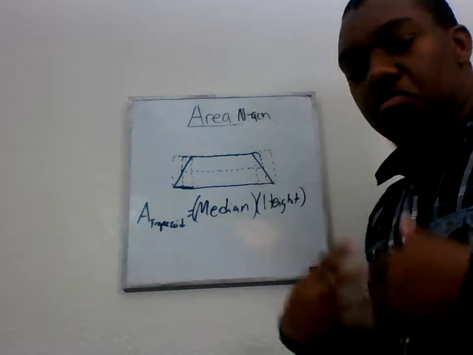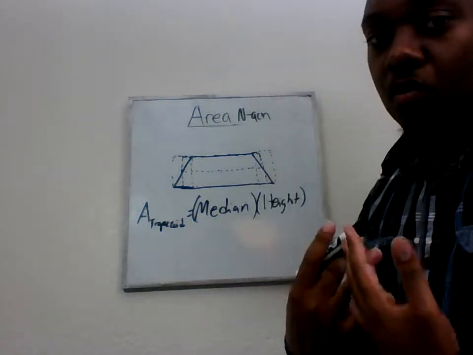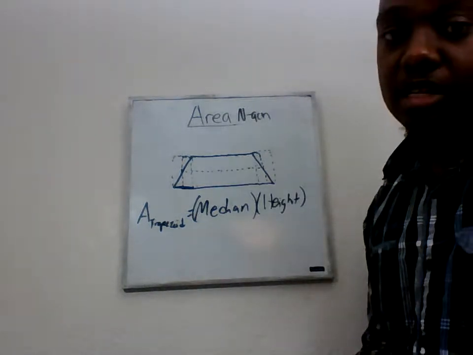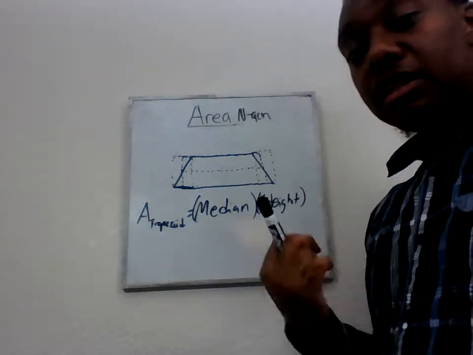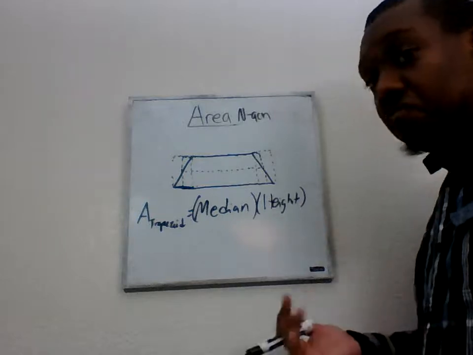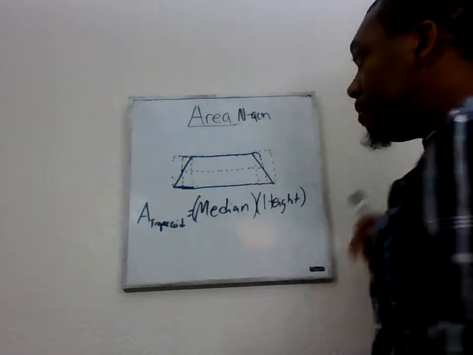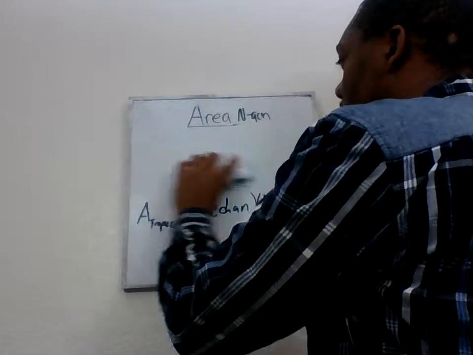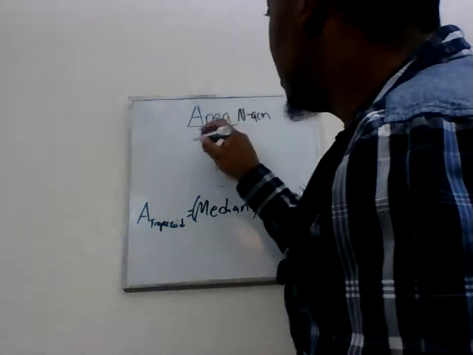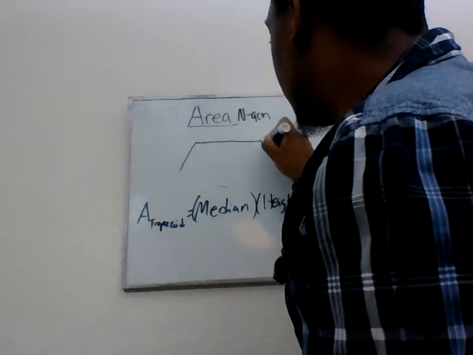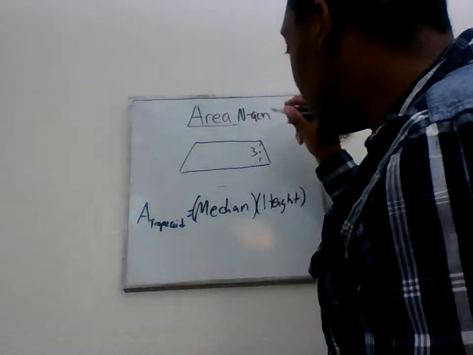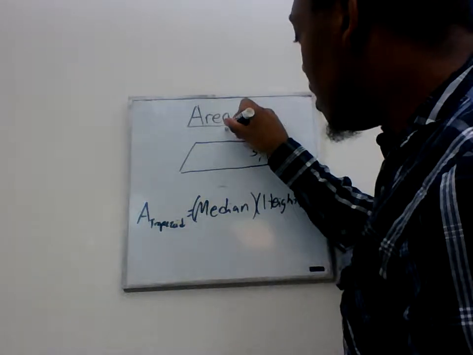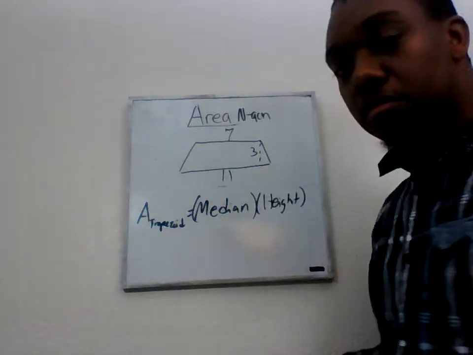But that's enough of understanding what a median is and how we use that in solving for the area of a trapezoid, and how we use that with other problems with a trapezoid. Let's look at finding the area of a trapezoid. So let's say we are given a trapezoid such as this, and let's say the height is 3, and let's say the bases are 7 and 11.